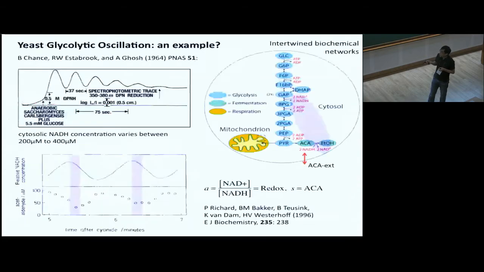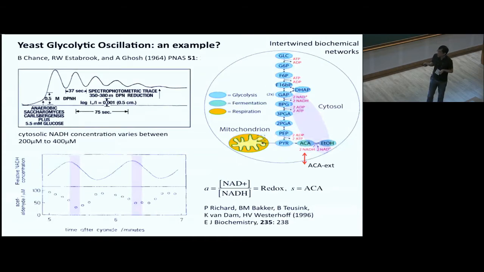And now if you look inside the cell, you find very complicated biochemical pathways. So exactly how this environment interacts with what's happening inside the cell can get very, very complicated. There can be tens if not hundreds of different proteins or chemicals in the cell that can participate in the regulation of whether the cell should respond in an oscillatory way or not to the environment.